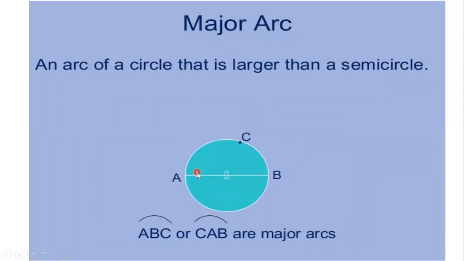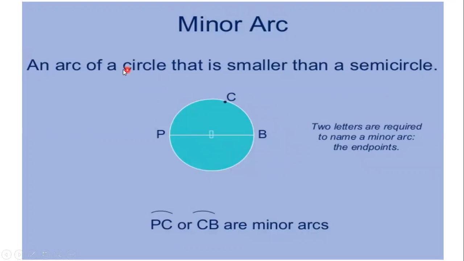If we look at a minor arc, an arc of a circle, of course, is smaller than a semicircle. For example, if you look at CB, this one here is what we call an arc. But if it was PCB, this would be a semicircle.